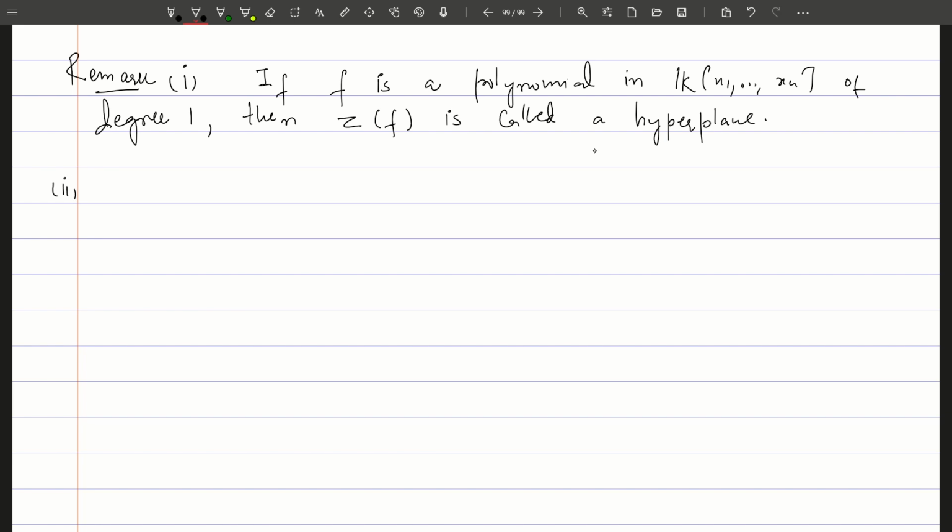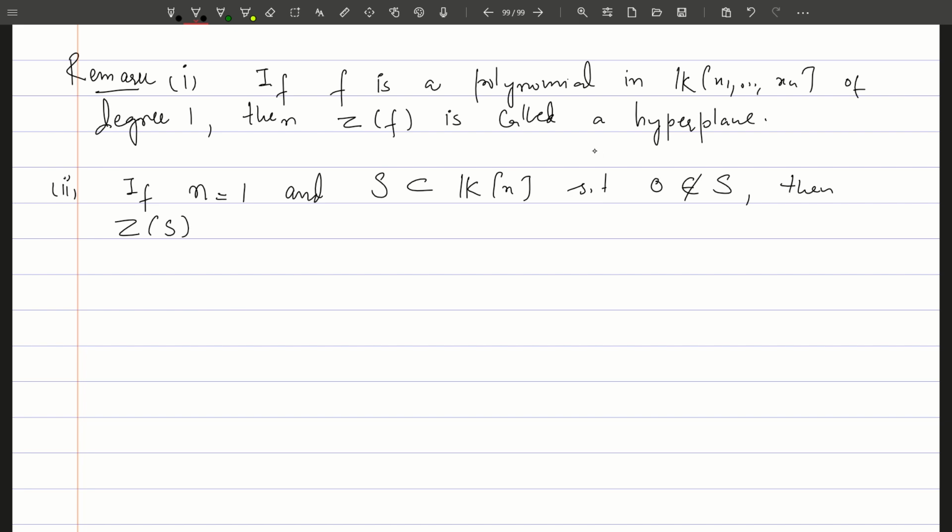Similarly, if n is equal to 1, I mean if we have only one variable, and we have a set of polynomials S in the polynomial ring k[x] such that the zero polynomial is not in S, then the zero set of S is actually a finite set.